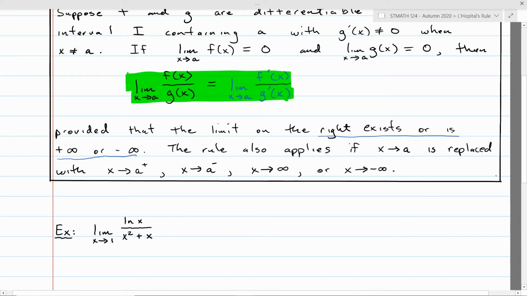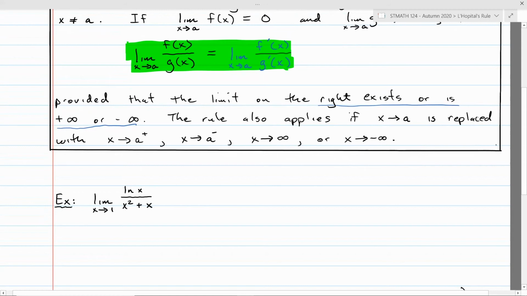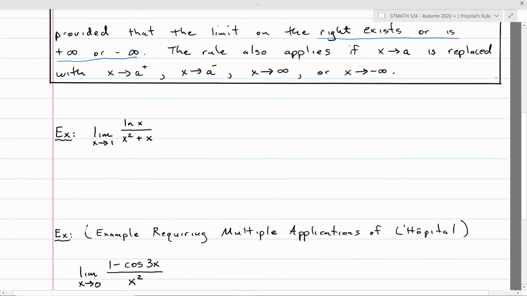So if you try to do L'Hopital's rule here and the limit that you get just turns out does not exist, then it doesn't mean that the original limit does not exist. It just means that L'Hopital's rule doesn't work in that case. So anyway, let's see a few examples of how you'd apply it.